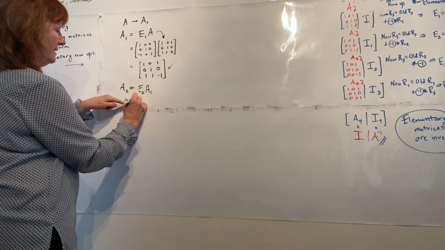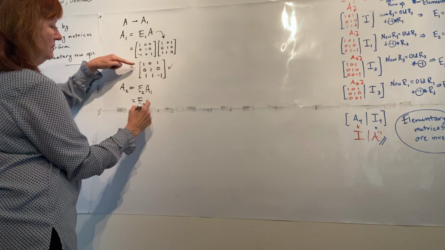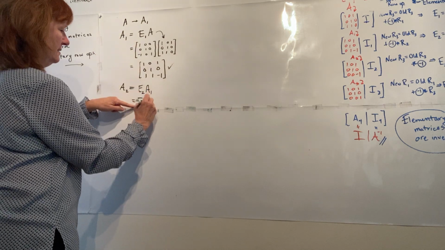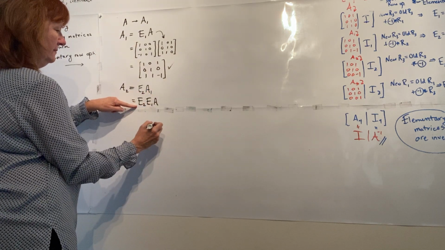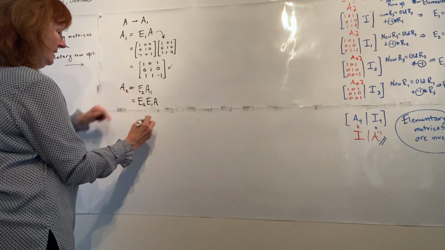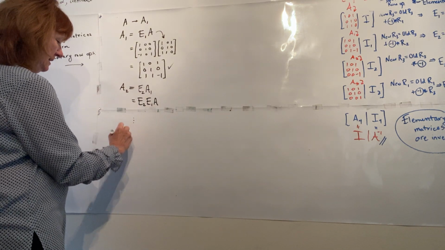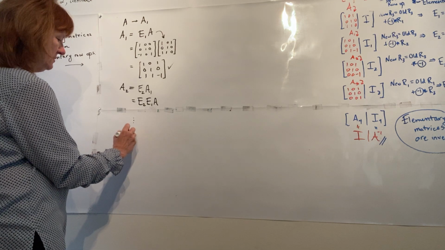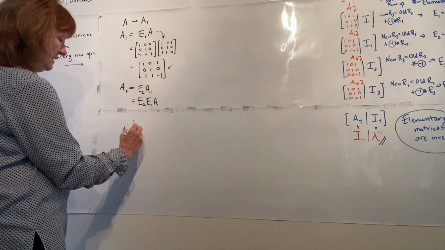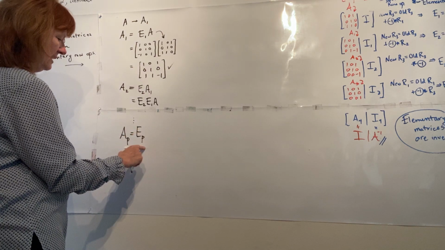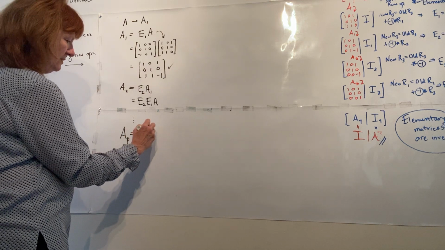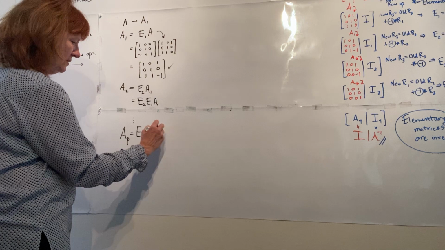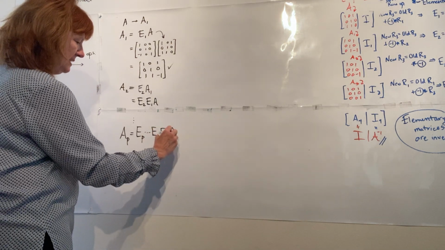Mind you, that's the same thing as E2 times, what was A1? It was E1A. Okay, and so on. In the end, after, let's say, P row operations, we're going to have something that looks like the last elementary matrix times the one that came before it, all the way down to E2 times E1 times A.